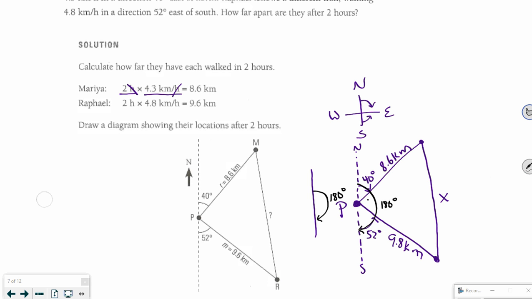I need to know this piece inside here. And I know this chunk is 40 and this chunk is 52. And the whole thing has to equal 180. So to find this angle right here, I'm going to do 180 minus the 40 minus the 52, just like I would do for my triangle. And 180 minus 40 minus 52 is going to be 88 degrees.